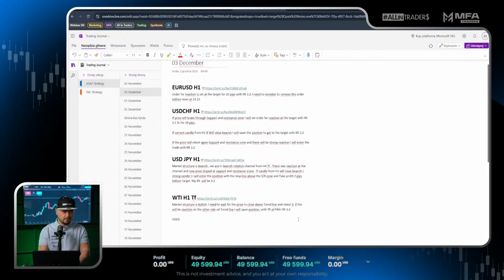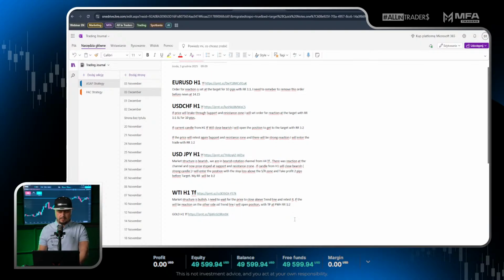Okay, gold, 1 hour time frame. Market structure is bullish from the 4 hour time frame.